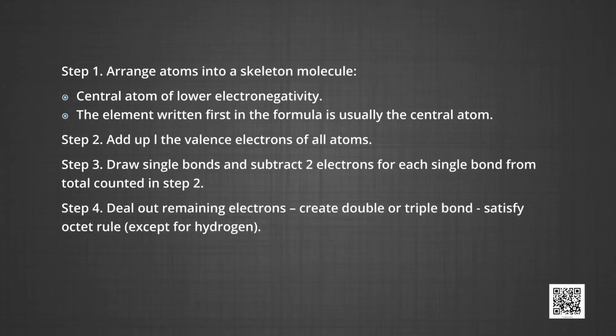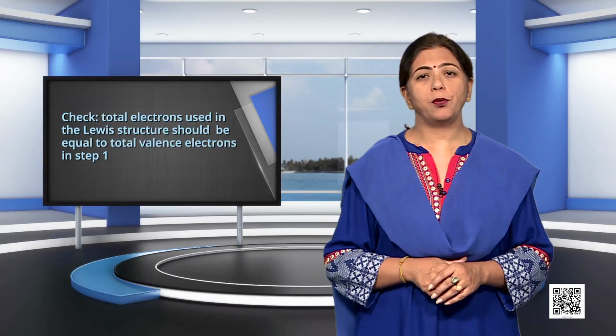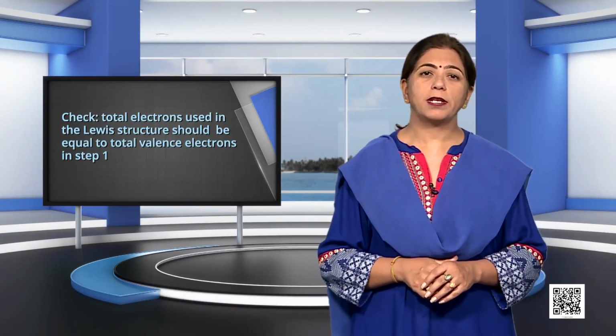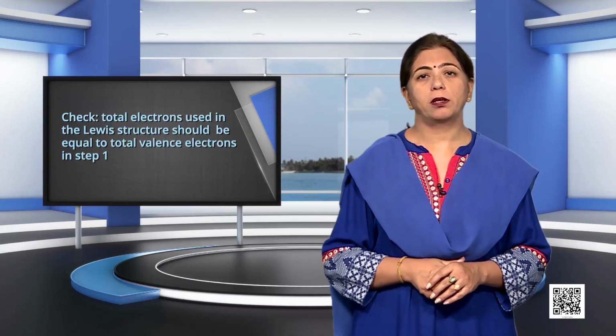Deal out remaining electrons, create double or triple bonds, satisfy the octet rule, except for hydrogen. Total electrons used in the Lewis structures should be equal to total valence electrons in step 1.